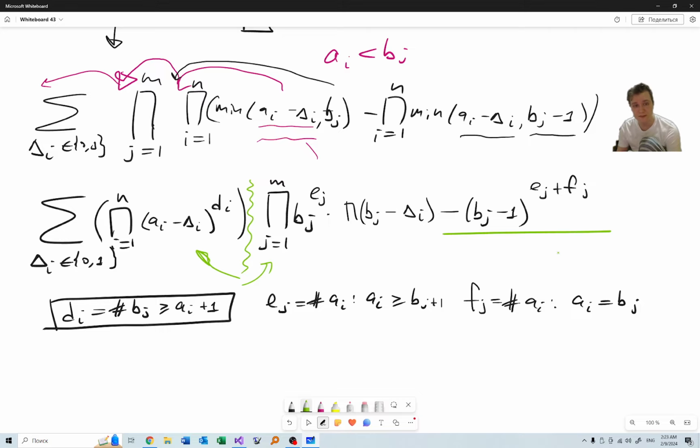However, it was not the case because here we have delta i and here we also have delta i. We cannot separate them that easily.